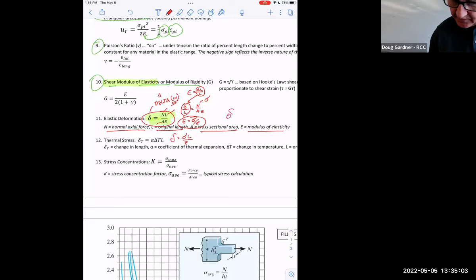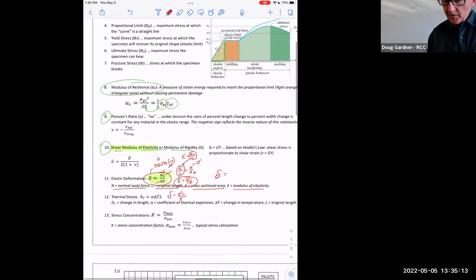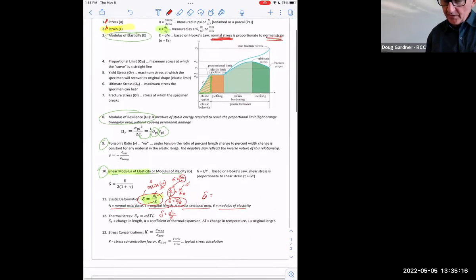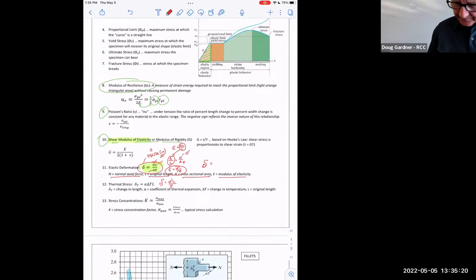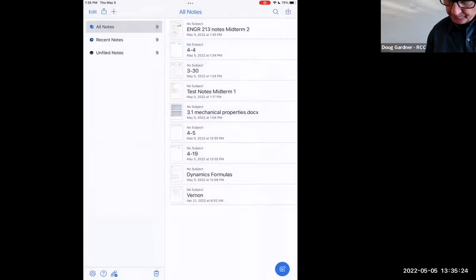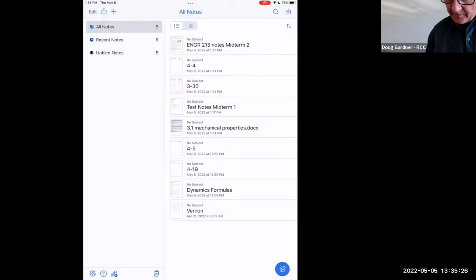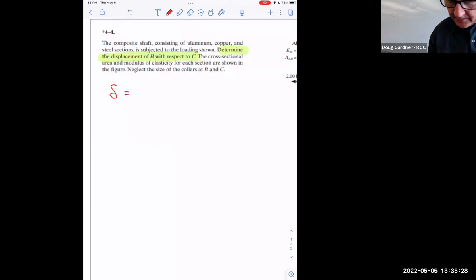I should have also said that delta is the length change, so that you knew it's a length, not a percentage. I was just thinking that belongs on the sheet somewhere, so you know what that letter stands for. That's something I'll fix, because it seems important. So make a note of that for now. We said delta is equal to N times L over A times E.